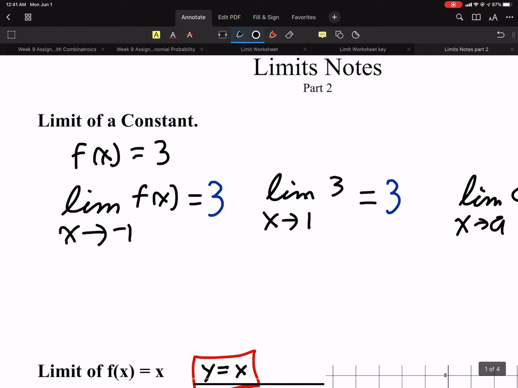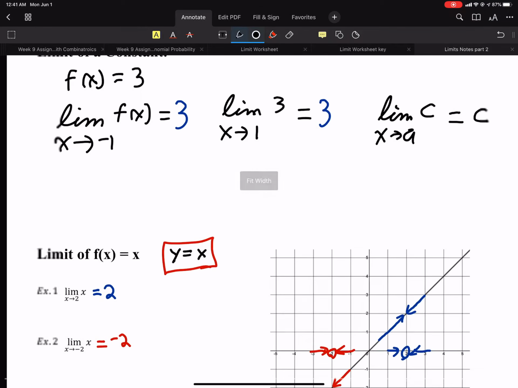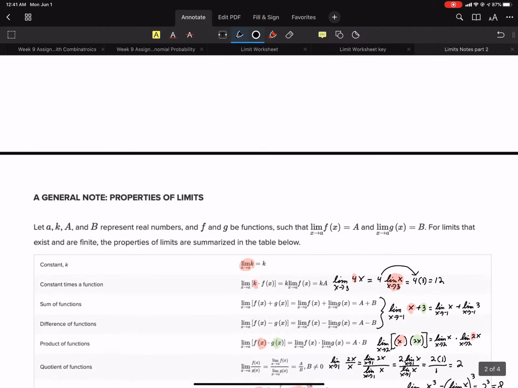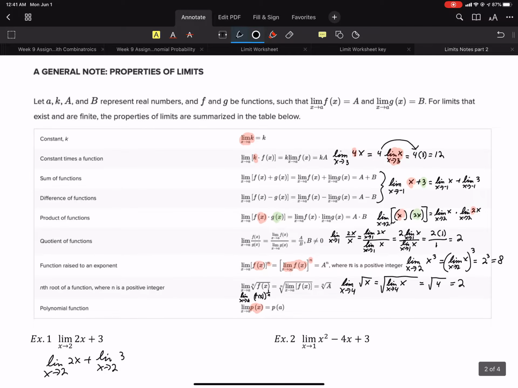The limit of a constant and the limit of x, y equals x. Those are the only 2 limits that you know that I'm giving to you. Now, you will know when you get to calculus a bunch more that you can figure out right away. But those are the only 2. And then you have all these properties.